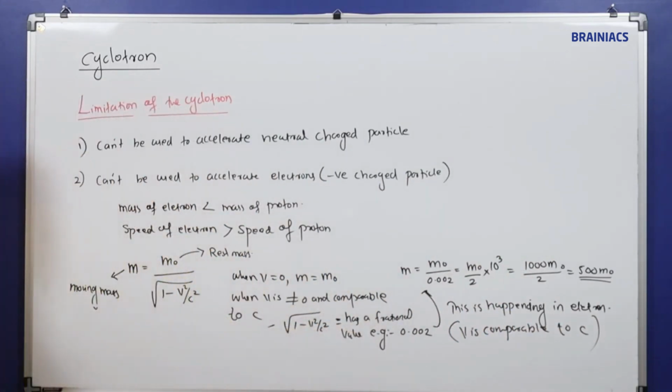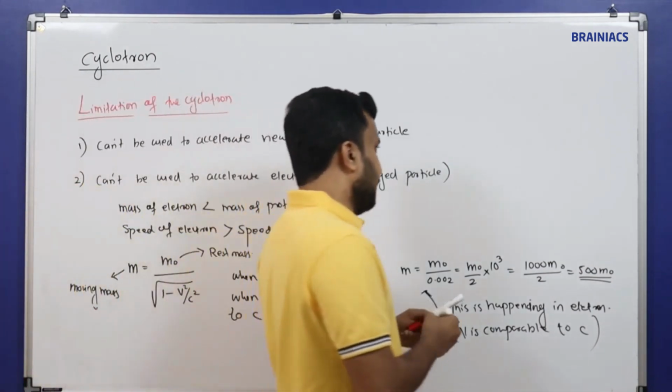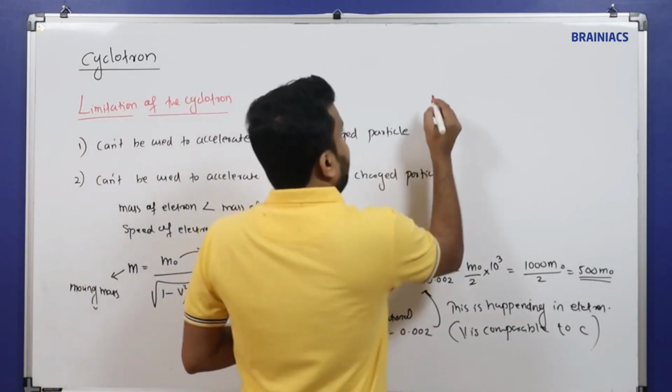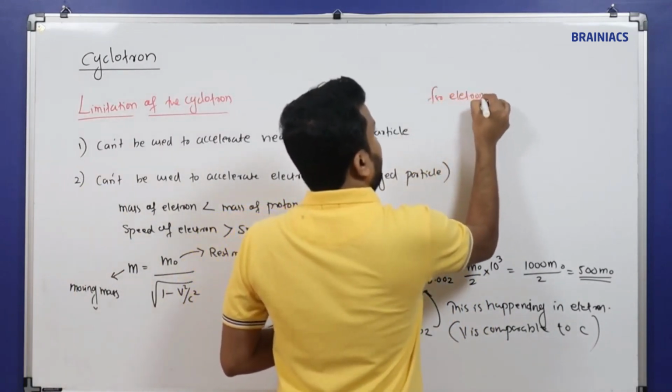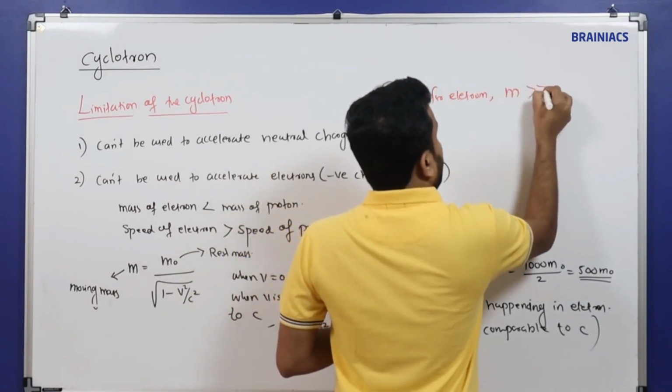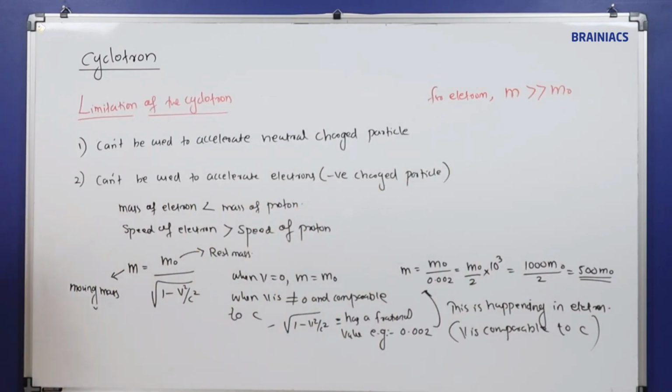So whenever v is comparable to c, this should have a value. So the moving mass is greater than that of the rest mass. I am writing the further points for electron: M is much greater than M0. Moving mass is greater than M0.